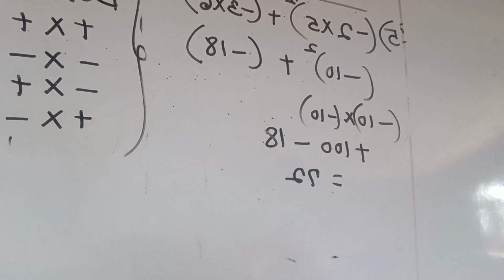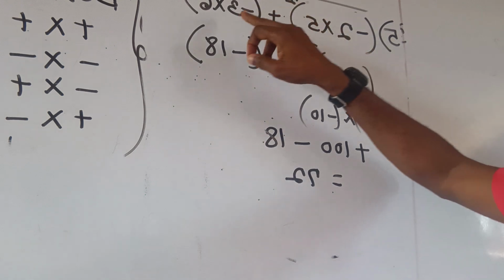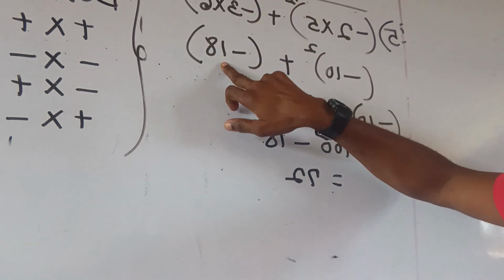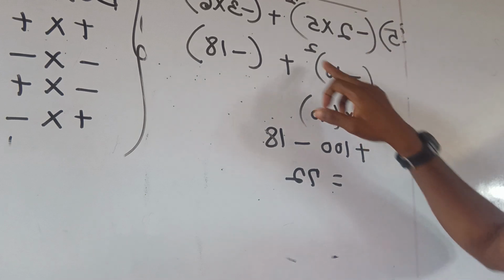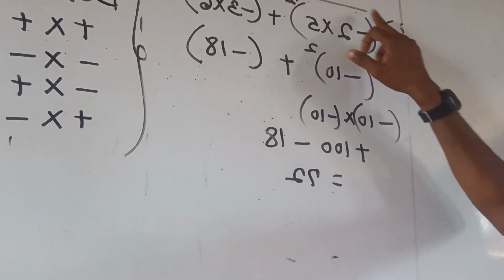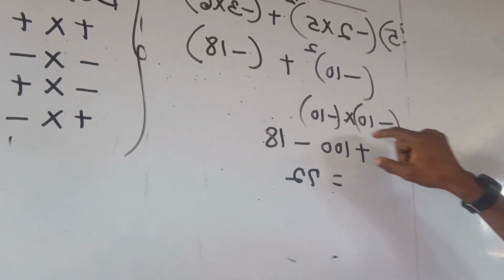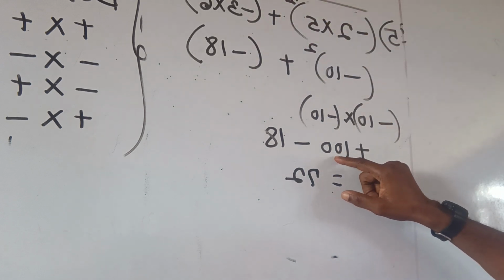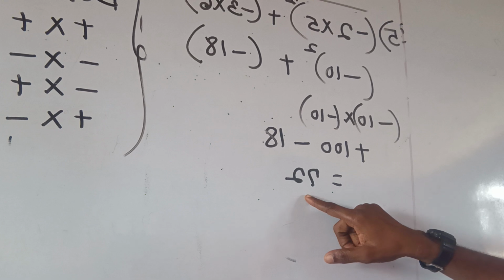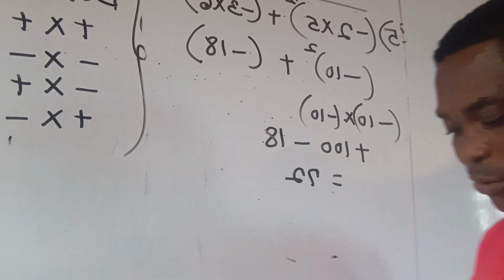Or did you make any mistake? I don't think so. Minus 3 times 6 is minus 18. This is minus 10 squared, because both are affected by the square. So that is minus 10 times minus 10, that's plus 100. Then minus 18.